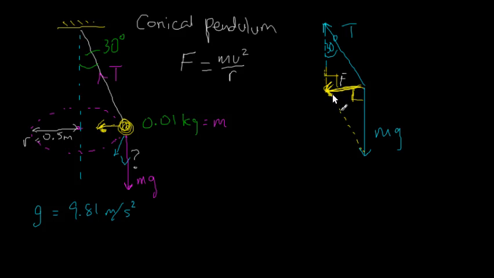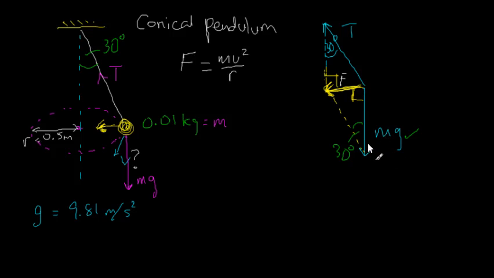So from this picture, let's see what we have. We have this parallelogram. We have the angle. We don't know T actually, so that's too bad. But do we know the weight? We know the mass. We know g. So actually, yes, we can calculate this. We know that this is 30 degrees as well, and we know that that's a right angle, so we have a right angle triangle.